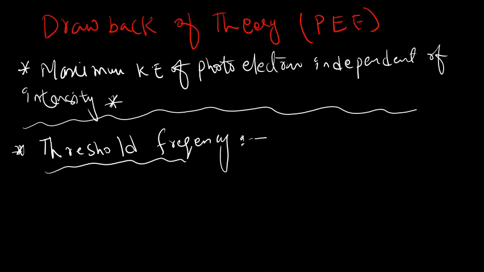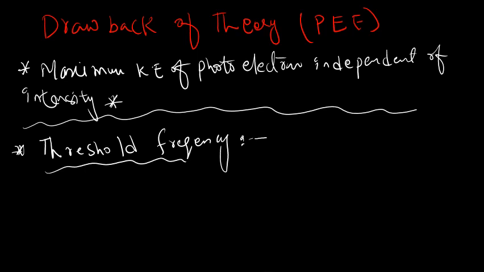According to wave theory, emission of photoelectron should occur at all frequencies for sufficient intensity of radiation, as intensity is the main factor.